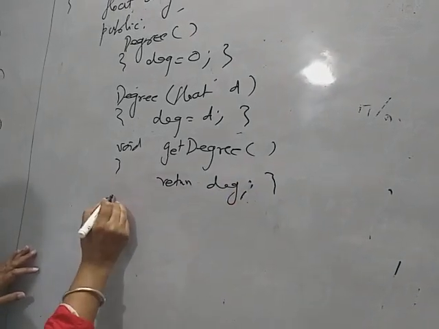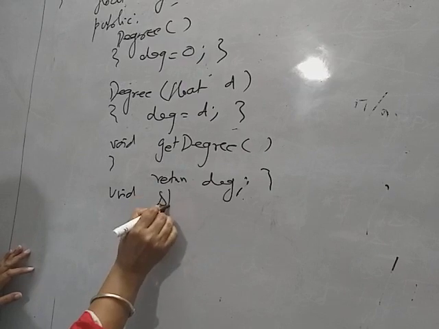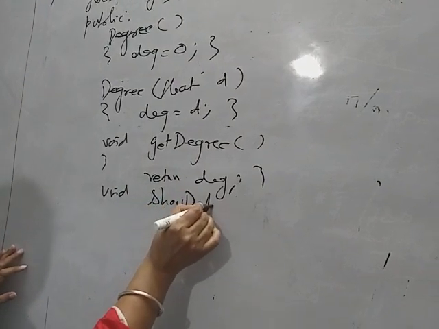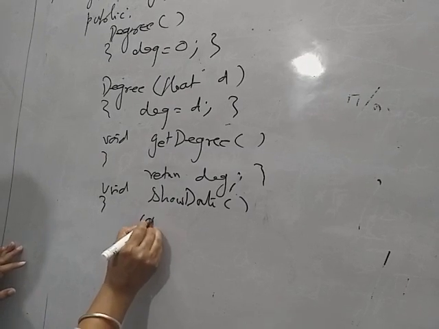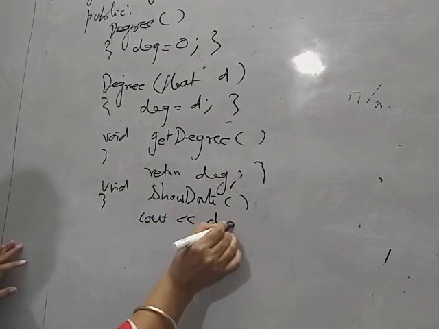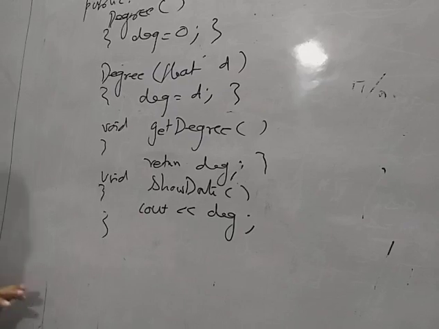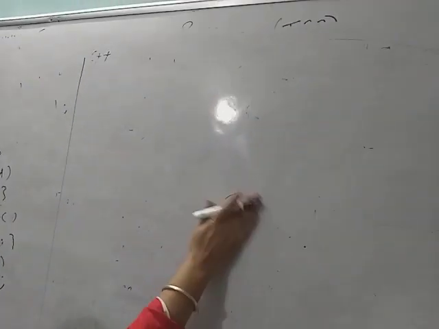So for degree, void show data, and similarly you can write read data; show data is cout degree. Now consider the main. First I am creating the radian object and degree object.